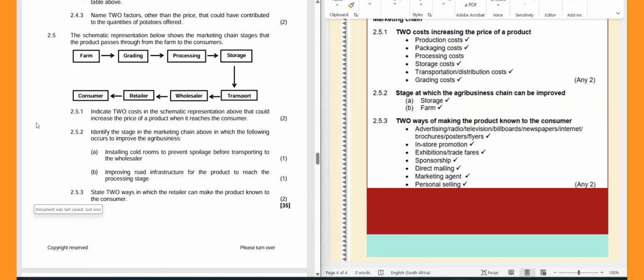That means we'll have to improve the road infrastructure from the point of production, which in this case is the milking parlor, to the place where we will process that milk, right?